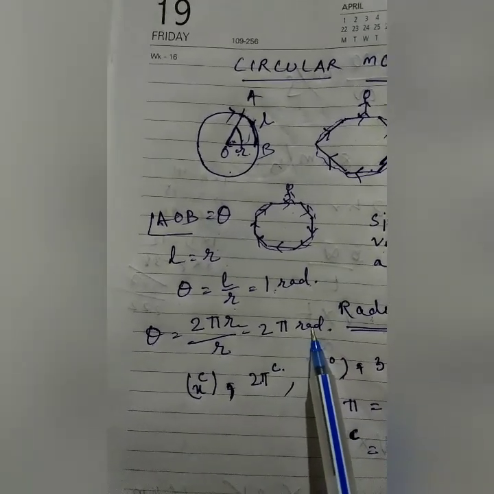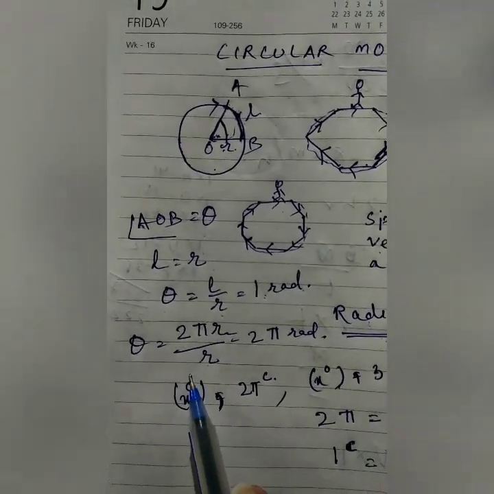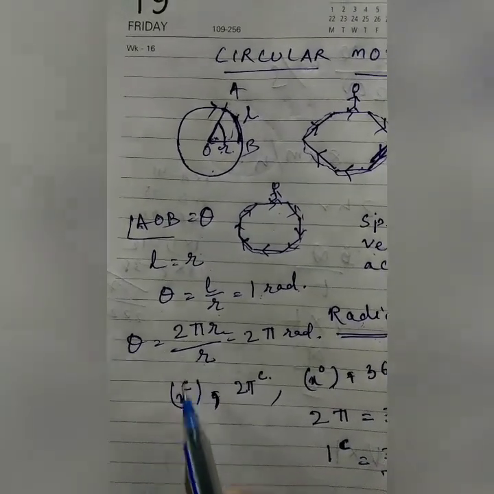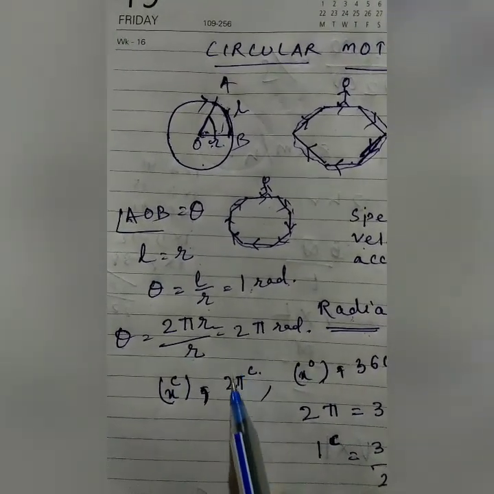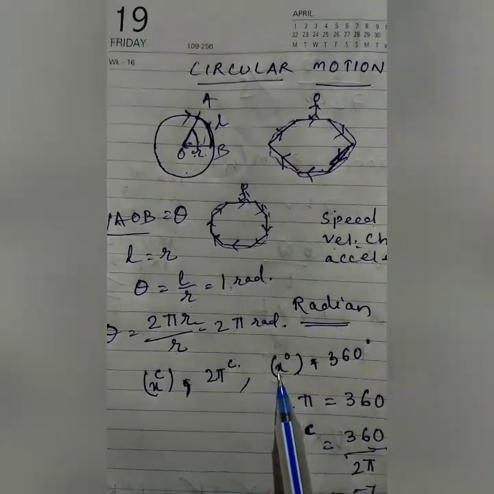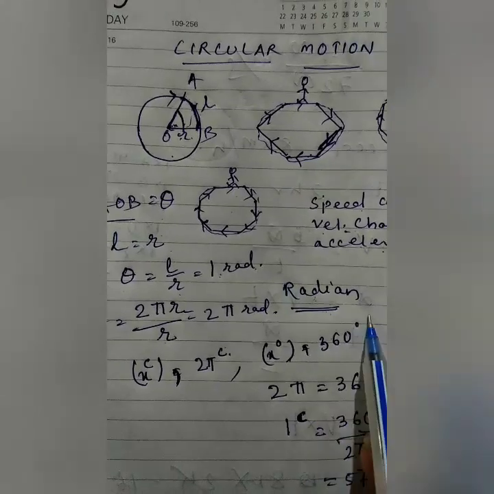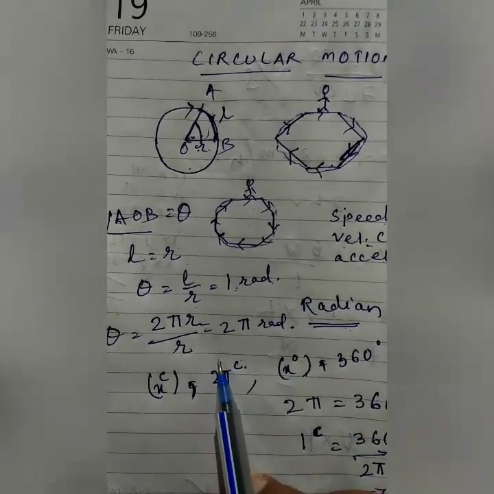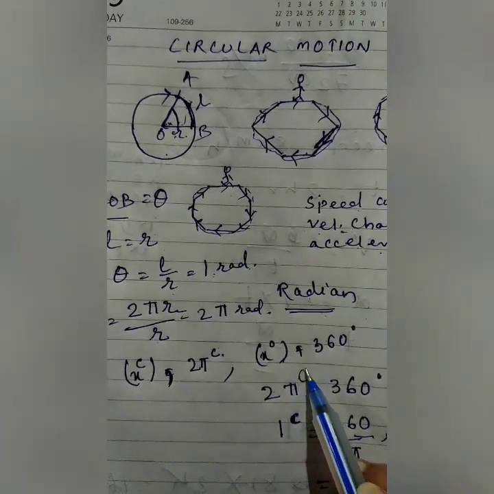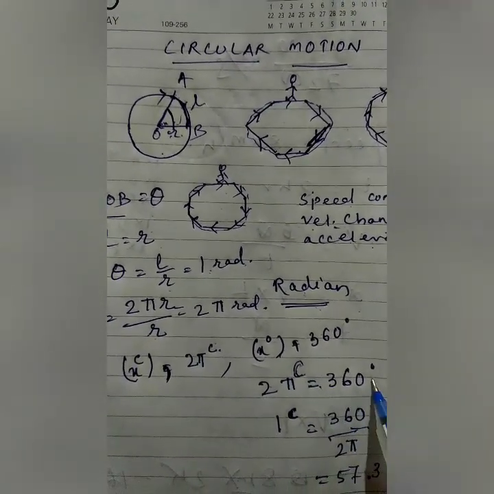What is the symbol of the radian? To the power c. If you say x radian, it means x to the power c. If you take 2 pi radian, it means 2 pi to the power c. Like we write degree, x degree, 360 degree, we write the same thing. So 2 pi radian is equal to 360 degree.